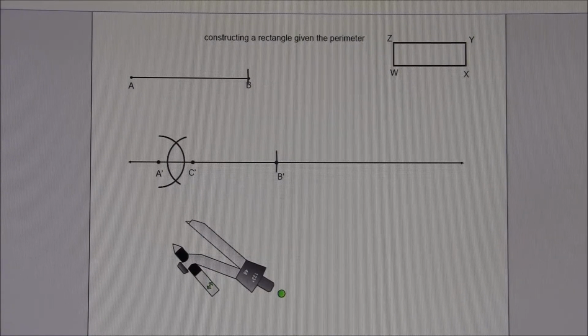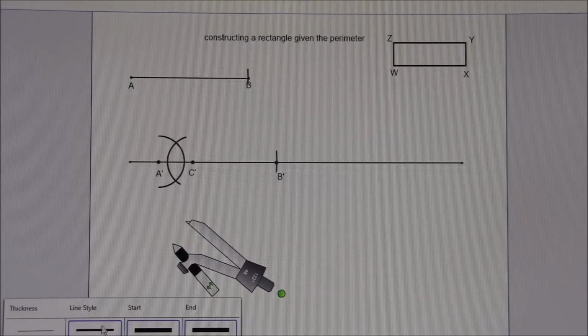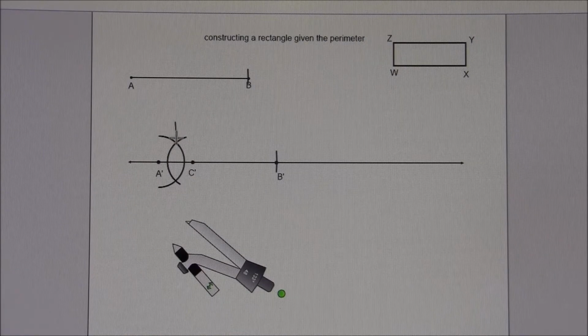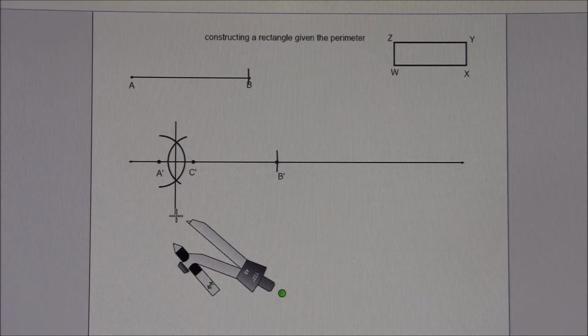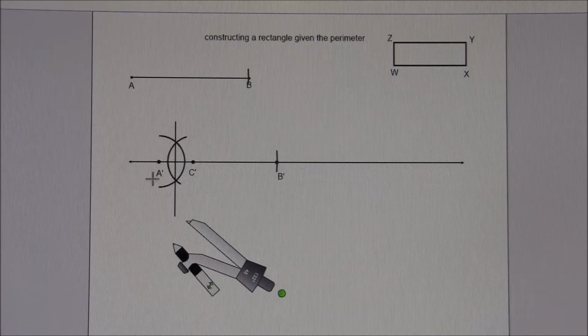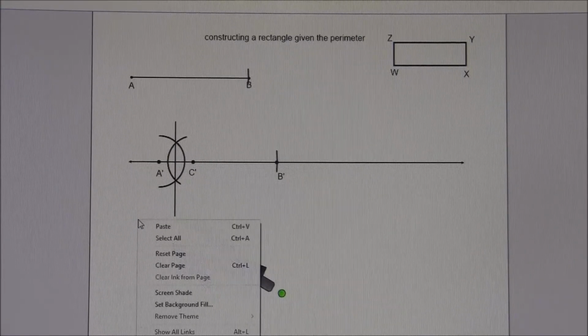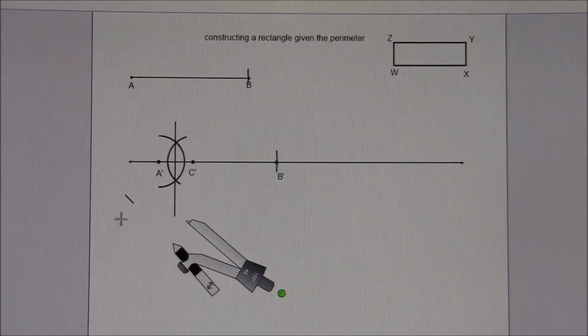Alright, so what just happened now? What we did, we bisected A prime C prime right here. Let's call that D prime. Yeah, you know what? Undo that.